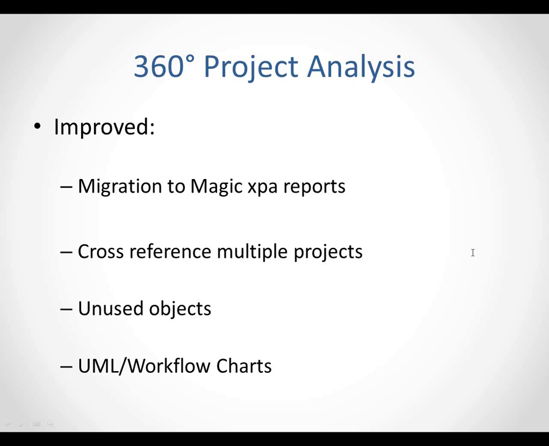Those who know Magic Optimizer know that it only reports on migration. It does not change any code. It does not help you with migration in terms of changing the project. It just provides full detailed reports so you can check every single issue that you want to address, and think about how you're going to address it and make sure that it's going to work in Magic XPA.